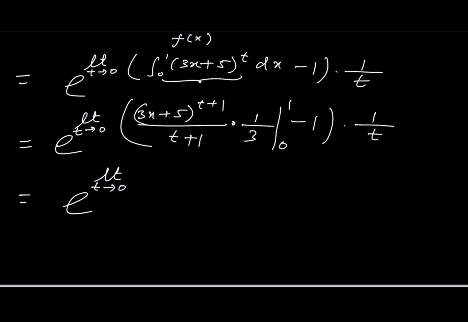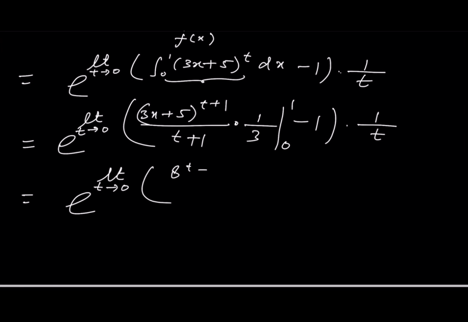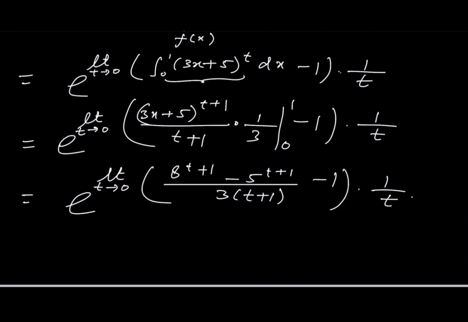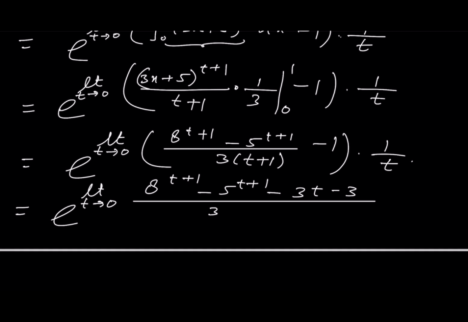After putting the limits in the integral, it becomes e to the power limit t tends to 0 of (8 to the power t plus 1 minus 5 to the power t plus 1 upon 3 into t plus 1, minus 1) into 1 by t. After taking LCM, it becomes 8 to the power t plus 1 minus 5 to the power t plus 1 minus 3t minus 3, on 3t into t plus 1.